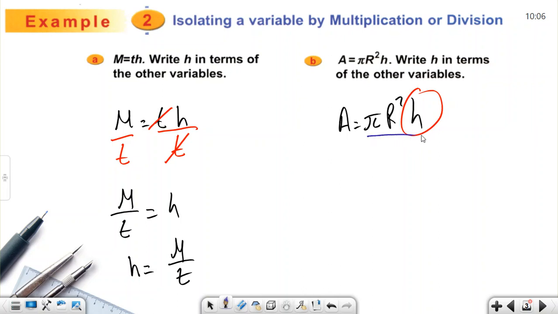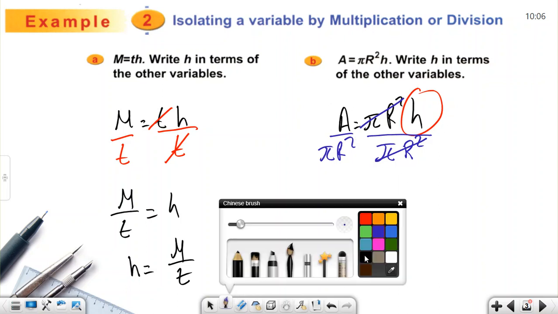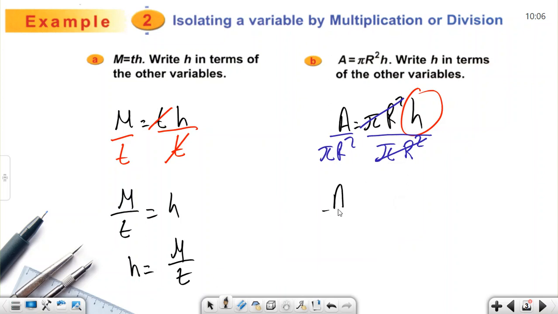How can I cancel them? If I divide both sides by the same term, pi R squared, this will be 1. Any number divided by itself will be 1, and only H will be left here. So A divided by pi times R squared will be H. So H is equal to A divided by pi times R squared.